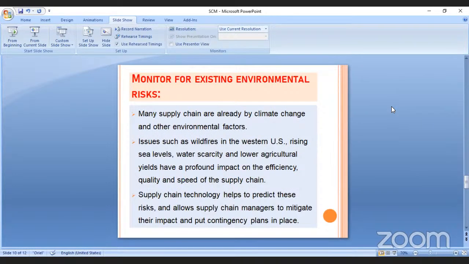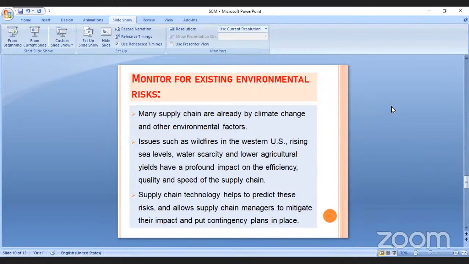Monitor existing environmental risks. Many supply chains are already affected by climate change and other environmental factors. Issues such as wildfires in the western US, rising sea levels, water scarcity, and lower agricultural yield have a profound impact on the efficiency, quality, and speed of the supply chain.